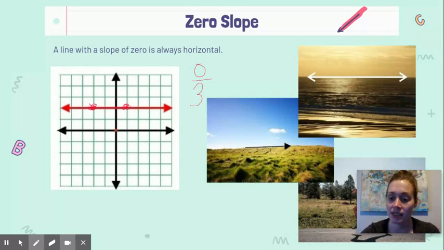So I'm going up 0 over 3. And so when I have 0 over anything, when 0 is my numerator, 0 over anything is just 0. And so there's my slope. Whenever we have a horizontal line, the slope is automatically 0 every time.